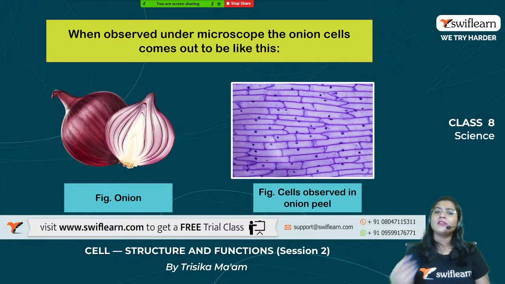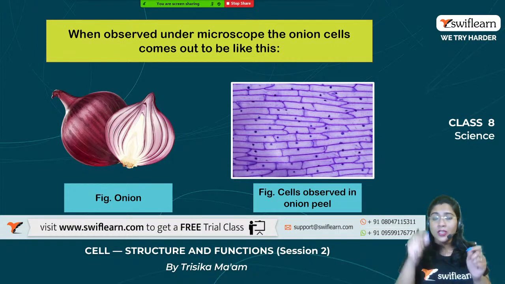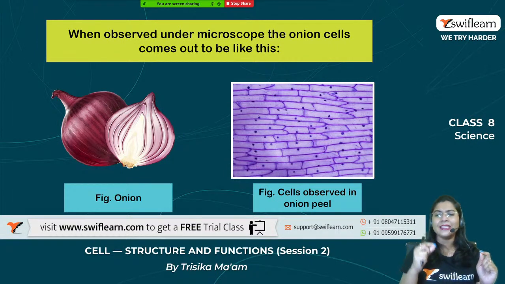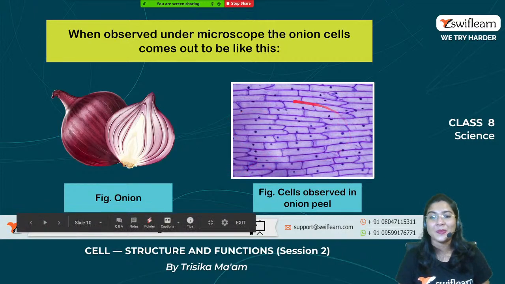So, have you ever seen the onion peel under the microscope after staining? This activity you can do at school where the microscope and the staining process are available, with the help of your teachers. You need to peel the very thin inner skin of the onion, stain it first, take it on a slide and cover it with a cover slip, and this will be visible under the microscope.